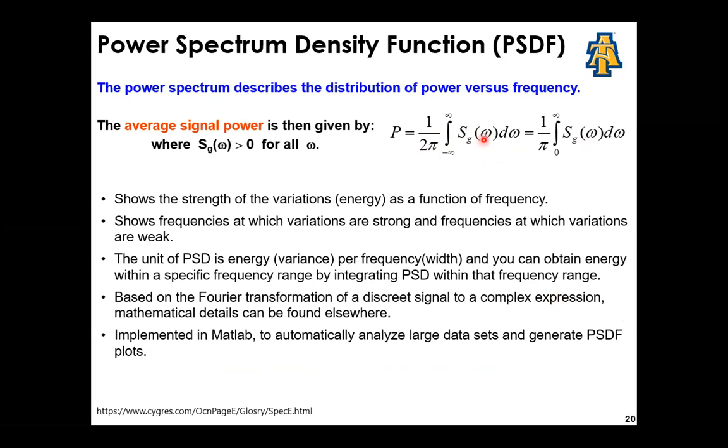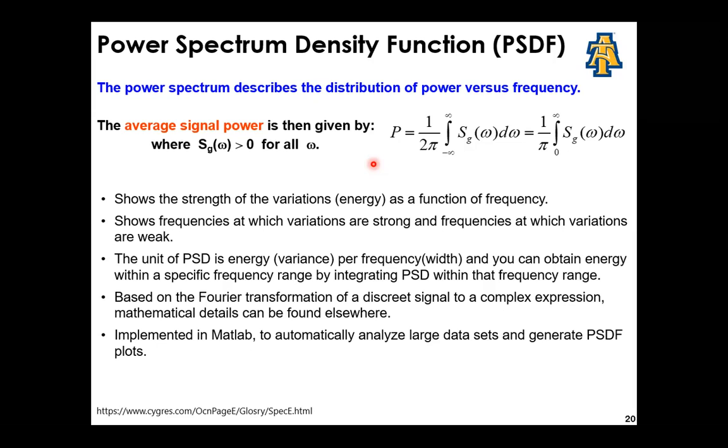By using this formula, we could compute the average signal power, where our power is given by 1 over 2 pi, integration from negative infinity to infinity of this. So in my power spectrum density plot, the power or strength of these variations is a function of frequency.